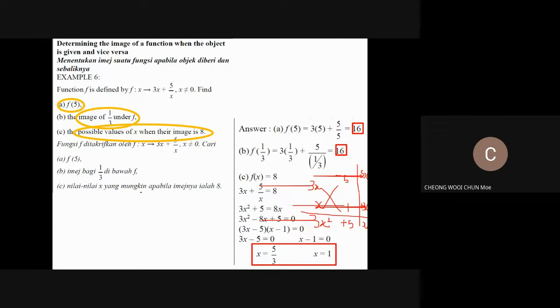Sorry, it's not plus. So negative 5 minus 3, negative 8, negative 8x. Or if you want to factorize straight away within brackets, also can, even better, means faster, but you must make sure you got the correct answer. Don't make it too fast, in the end you cannot find the correct answer.